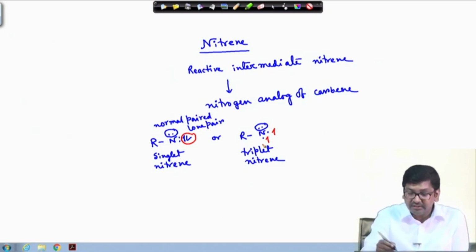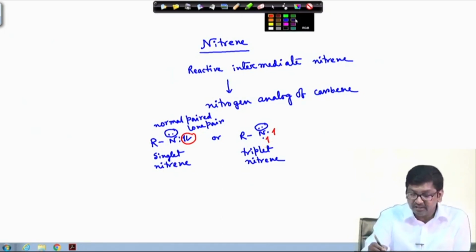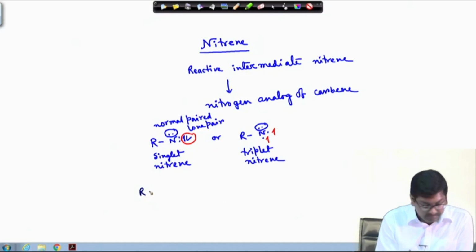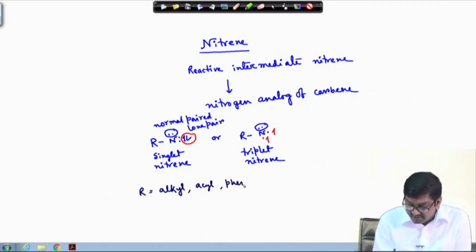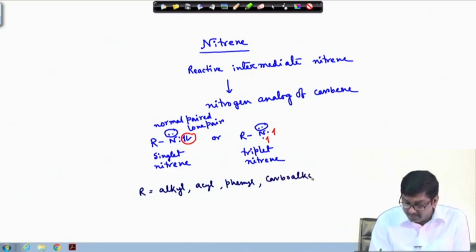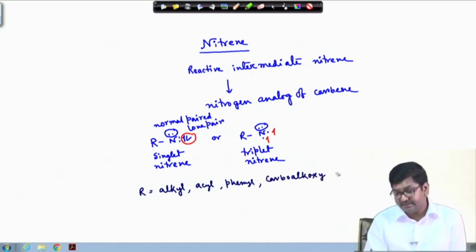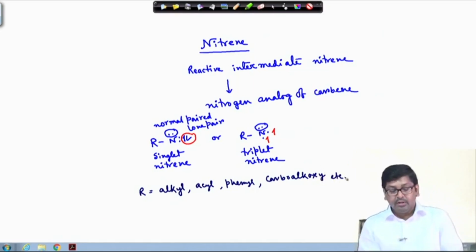So, in general what are these R? These R could be alkyl, acyl, phenyl, carboalkoxy, etc. Okay.